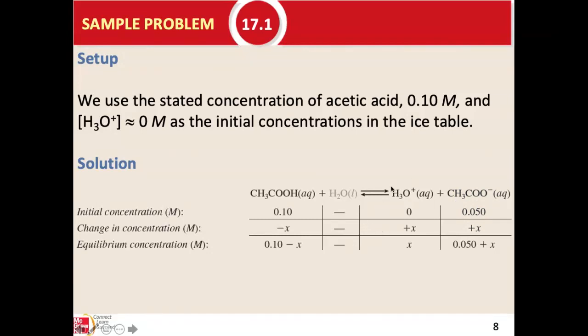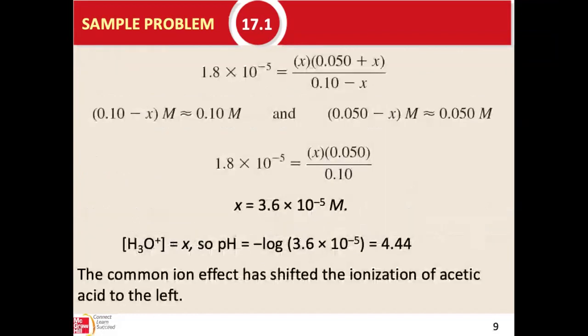So that's why initially we do have this ion which comes from the salt. Since the product, this one, is missing, that means the reaction has to go forward and make the hydronium ion. So the acid has to be consumed, minus X, and we make this plus X and plus X. And this is our equilibrium concentration. Then we have to put everything in the expression of the Ka.